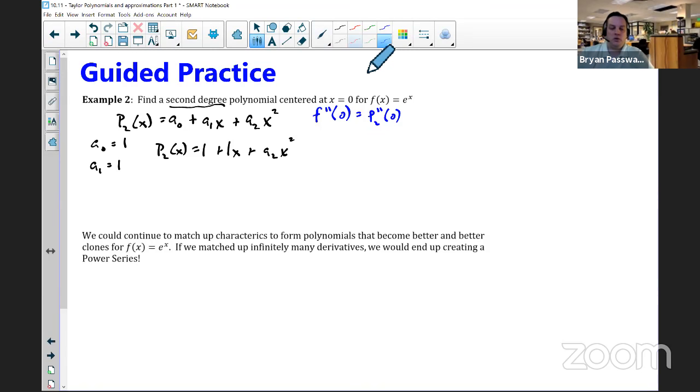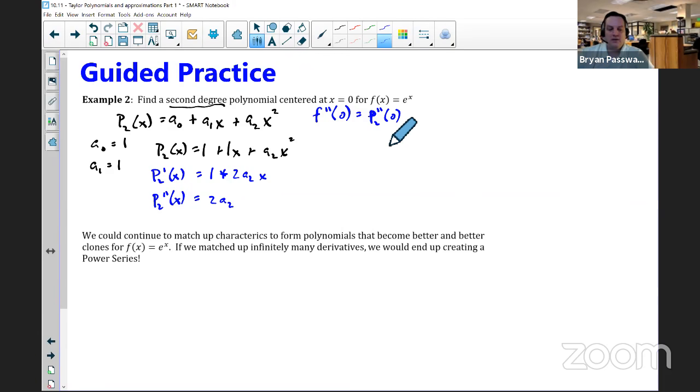So we need to take our polynomial here and come up with the second derivative. This is a p, by the way, in case you can't see that very well. So here, p prime of x, the derivative, is just going to be 1 plus 2a sub 2 x, right? And the second derivative for our polynomial that we're trying to create is just going to be 2 times a sub 2.